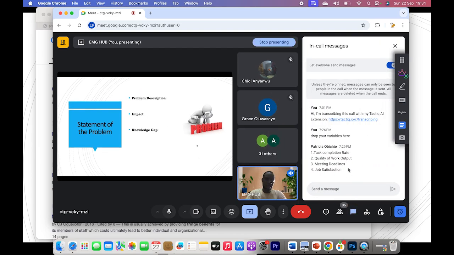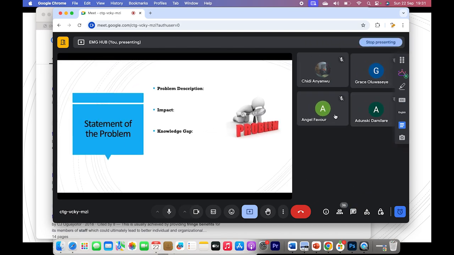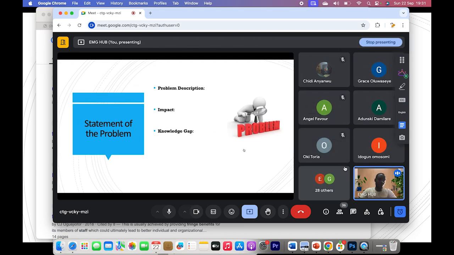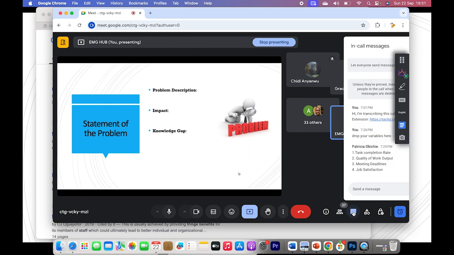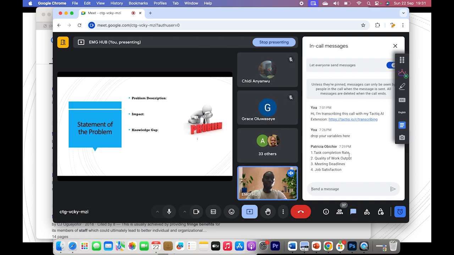Okay, so looking at what you dropped here now, you talked about quality of work output, okay, meeting deadlines, and job satisfaction. Okay, so they are almost similar. So in as much as I'm not going to start opening journals to look for information, the problems I see in all those points you listed now is, for instance, task completion rates.